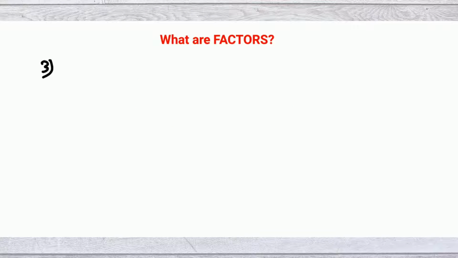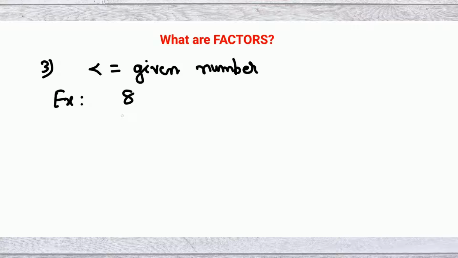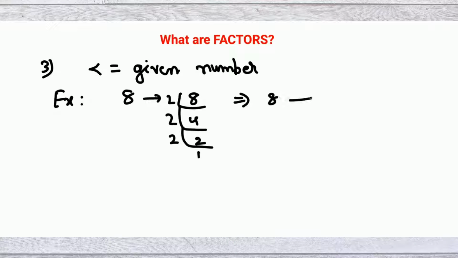Point number 3. Factor of any number is always less than or equals to given number. For example, if you consider number 8, 2 into 4, 2 into 2, 2 into 1, that means 8 has factors 1, 2, 4 and 8.